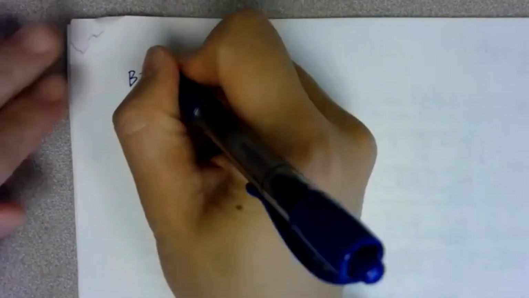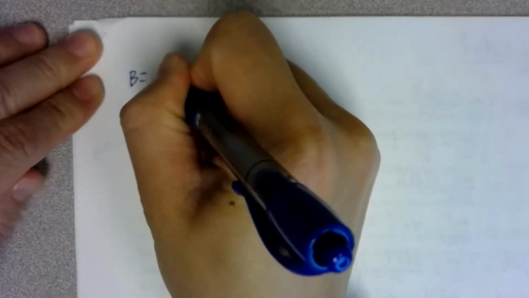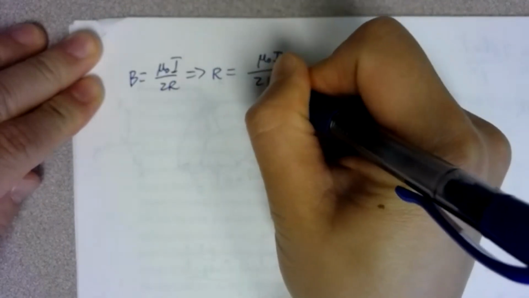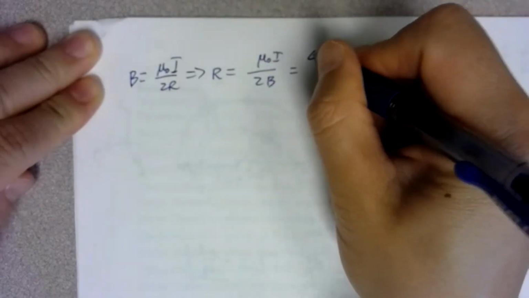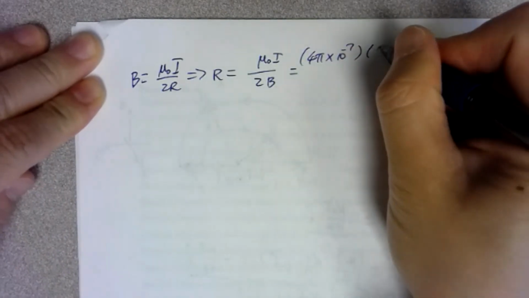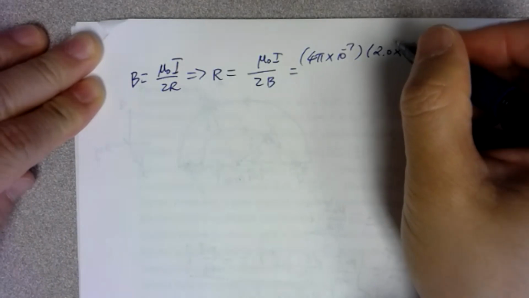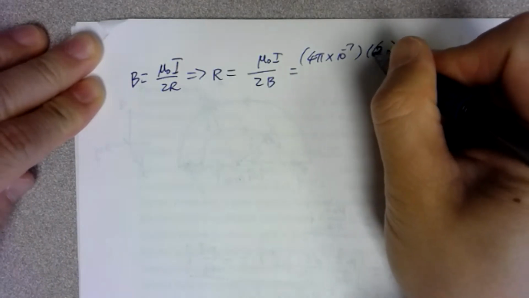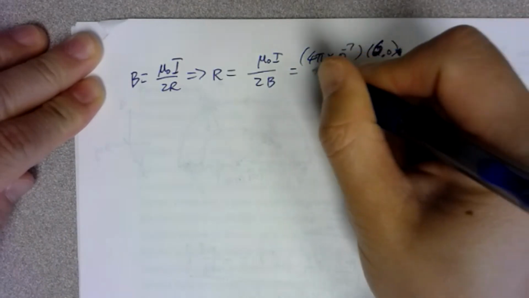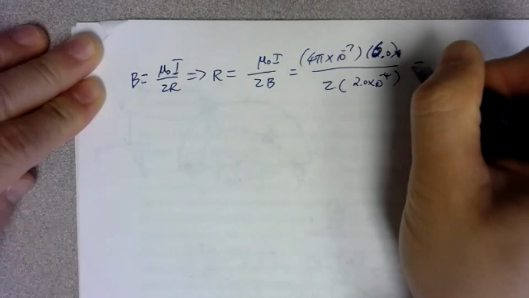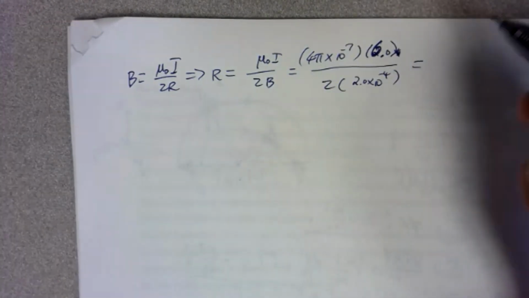So you would set up B equals mu naught I over 2R. Then R equals mu naught I over 2B. Mu naught is 4 pi times 10 to the minus 7, times 6.0 amperes, divided by 2 times 2.0 times 10 to the minus 4 Tesla.